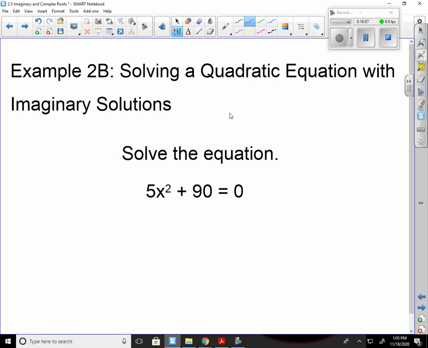So our whole goal is to get x by itself still. So what would we do first? Yes, subtract the 90 first.